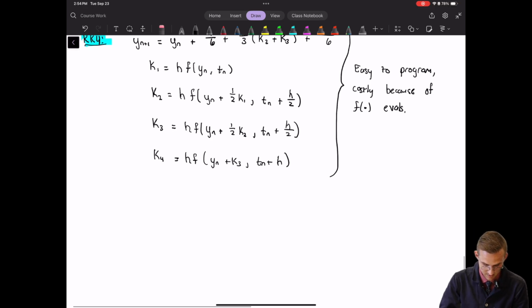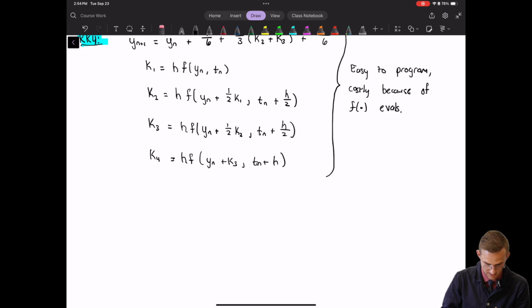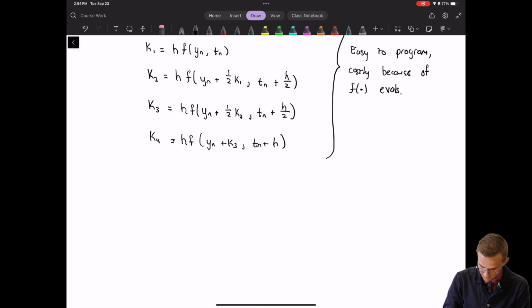Now the stability diagram for this is very complicated to derive. You can derive this method using Taylor series, and I think it's done in the text by Moin that I've given to you.